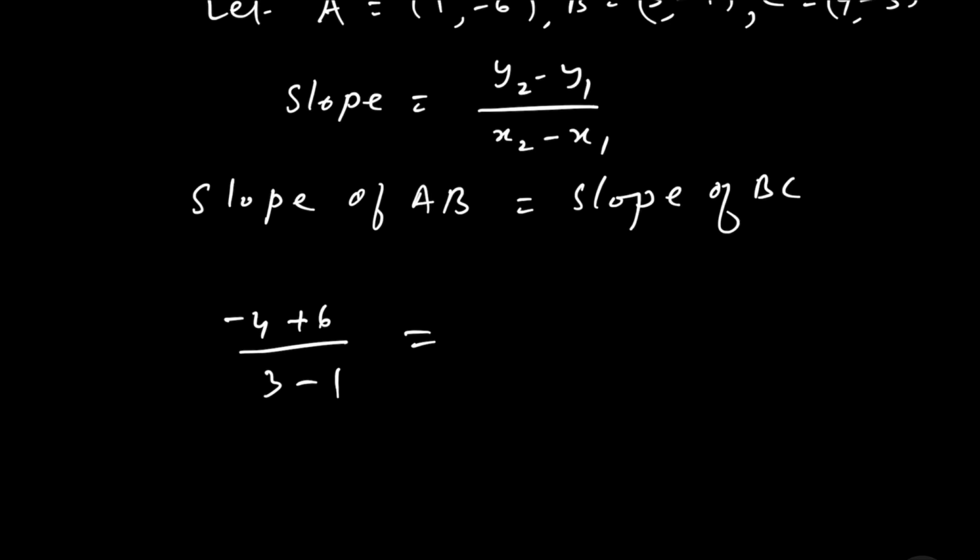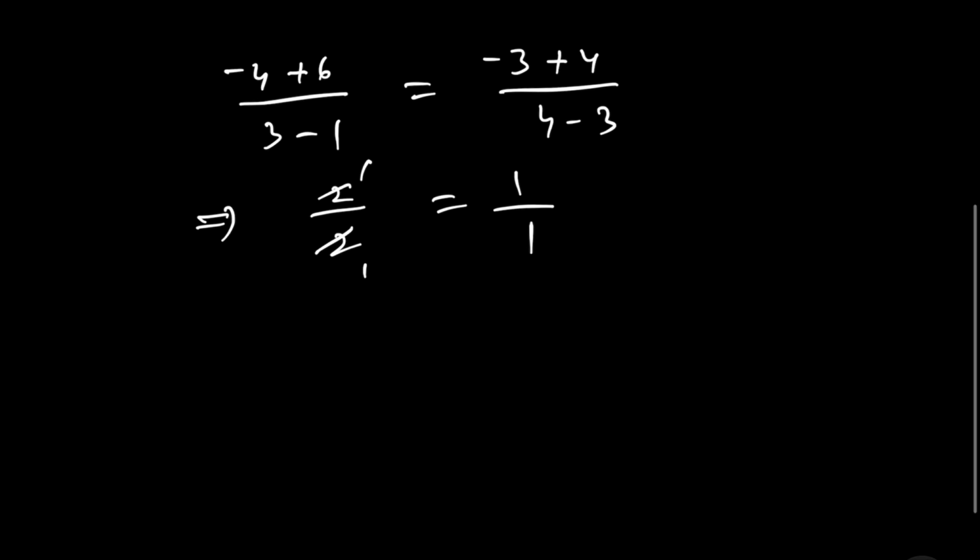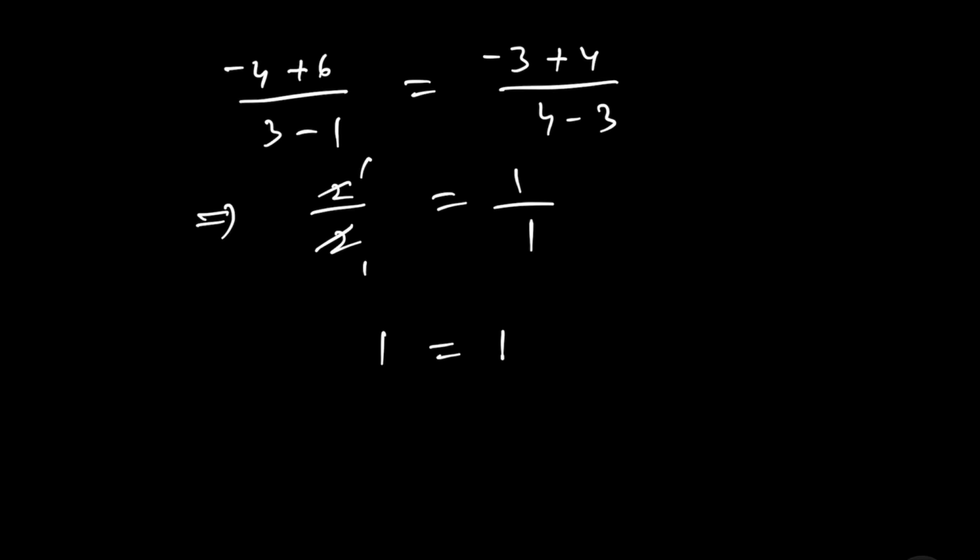Now slope of BC, B as x1, y1, C as x2, y2: y2 minus y1 means 3 minus 4, plus 4, over x2 minus x1, 4 minus 3. 6 minus 4, 2 by 2. Here also 1 by 1. So slope of AB is 1, slope of BC is 1. Hence we can say that points A, B, C are collinear, proved.